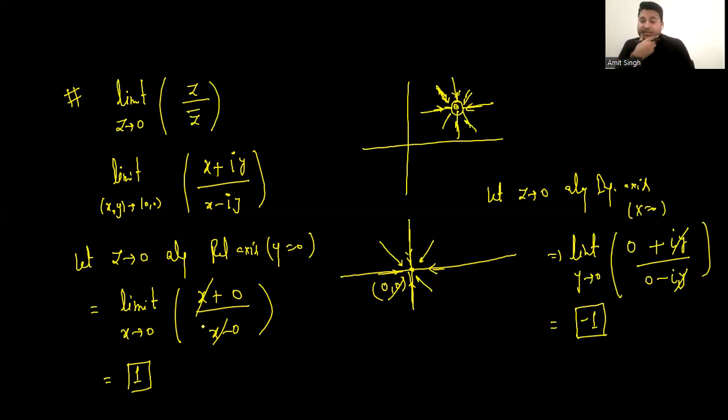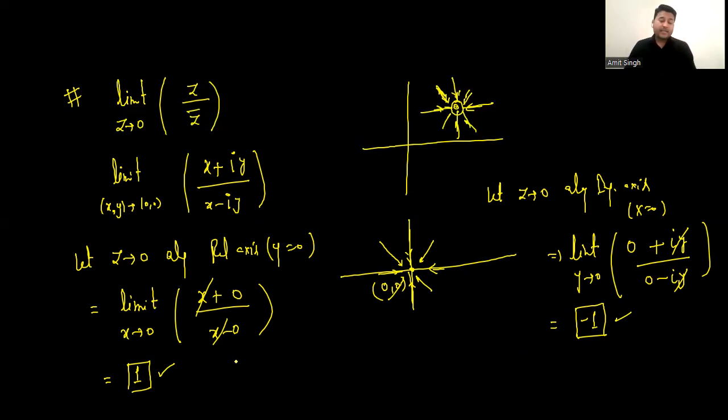But here I just chose two different paths, and through both the paths the limiting value is not the same. Limiting value means 1 and minus 1. They are not the same. I have to say, since two different paths give different limiting values, the limit does not exist. Did you get it?